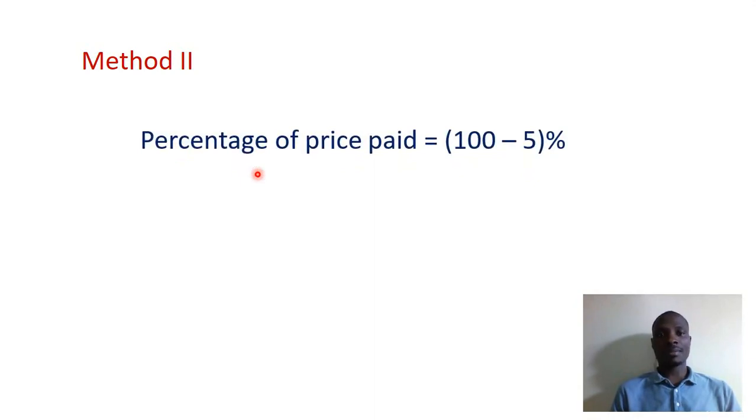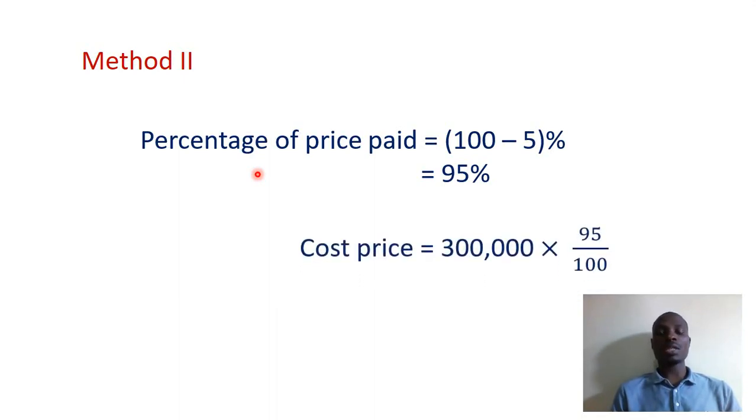That reduction is of 5%, which implies that the percentage paid is going to be 100 minus 5%, which gives you 95%. So that's the percentage price paid. So the actual amount paid is going to be 95% of the marked price.